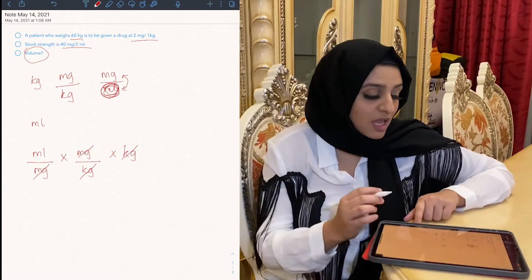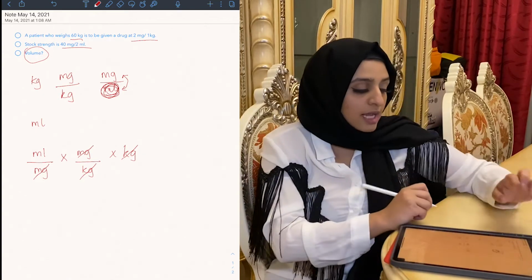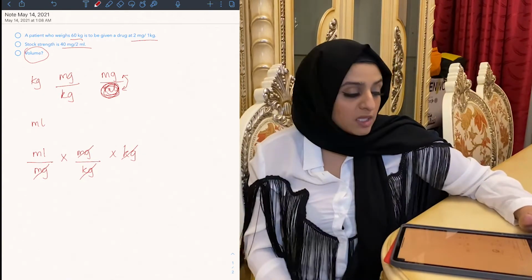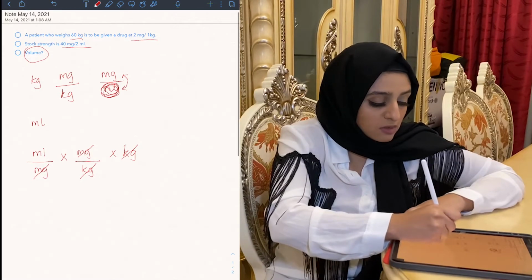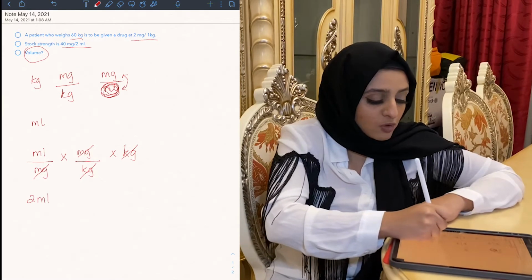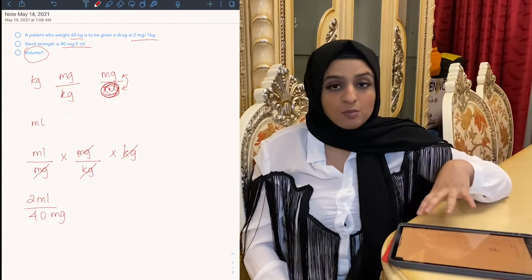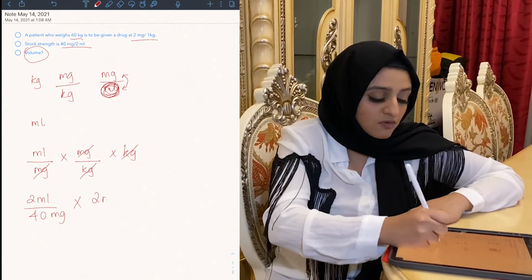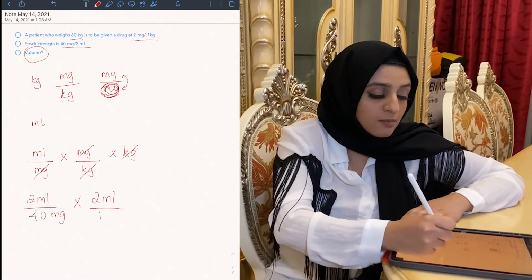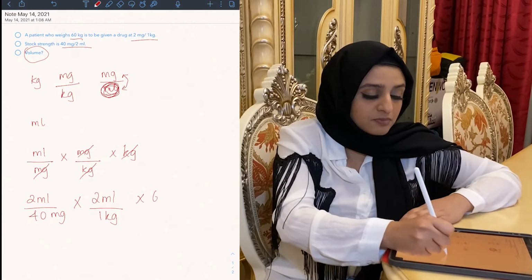So if we chuck in the numbers right now, in the question, it's 40 milligrams over 2 mils. So now it's going to be 2 mils over 40 milligrams. And then for the mg per kg value, you've got 2 milligrams over 1 kilogram, and then you've got 60 kilograms.